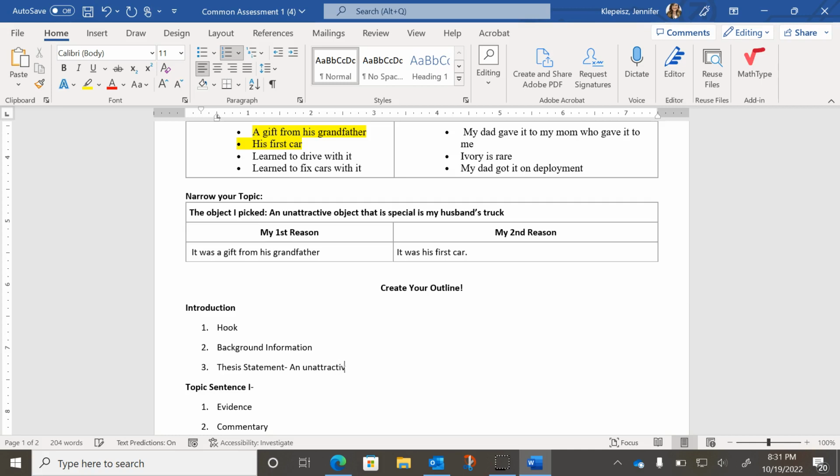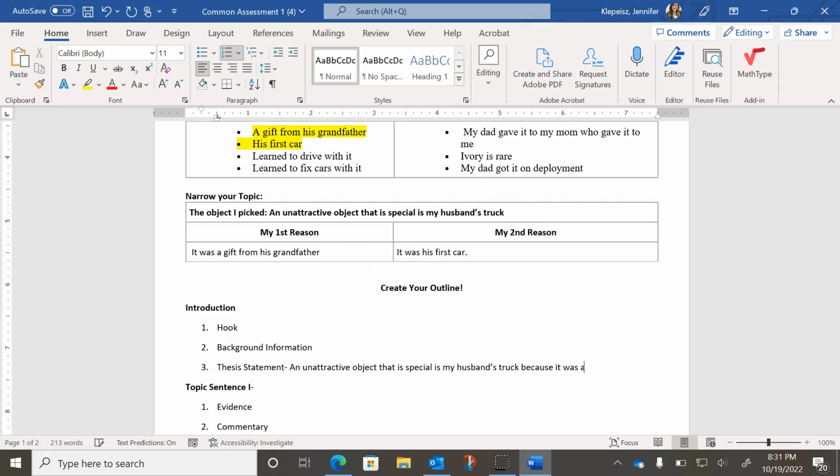An unattractive object that is special is my husband's truck because, so now I'm going to come to the end of that sentence, and my 2 reasons why I'm going to link with the word because.